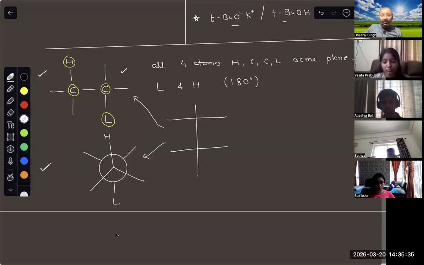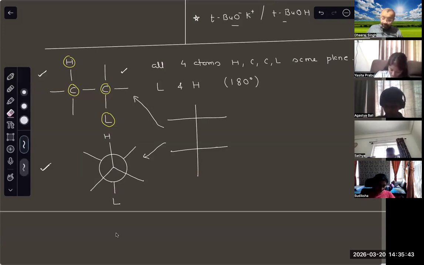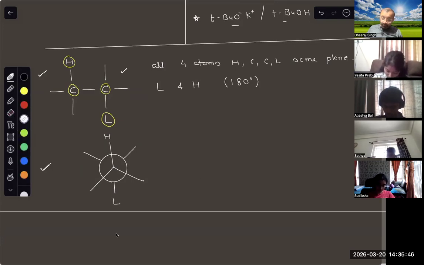Okay, please write down a couple of points. Point number one: the rate of reaction depends on the concentration of base.